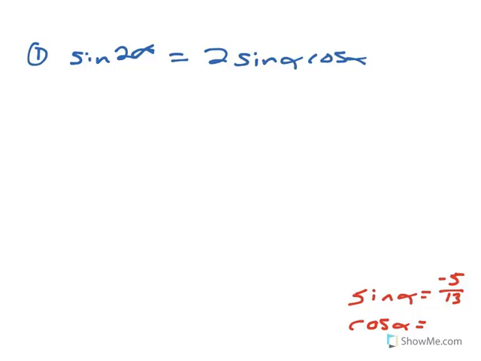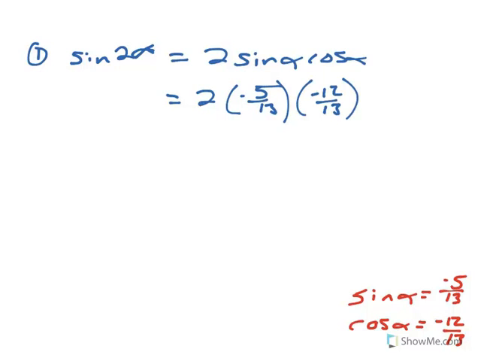Sine is y over r. Cosine is x over r. X is negative 12, and r is 13. So to proceed with this problem, we're going to replace sine of alpha with negative 5/13. We're going to replace cosine of alpha with negative 12/13.